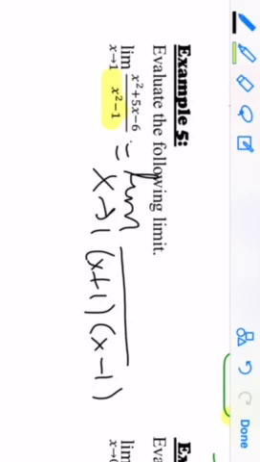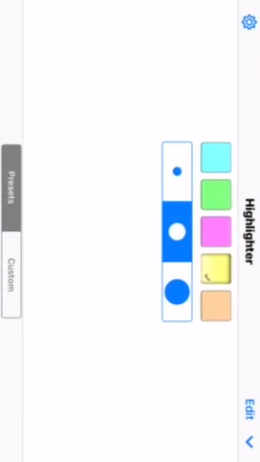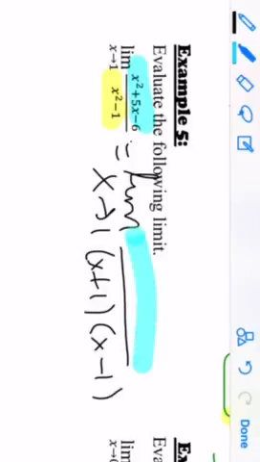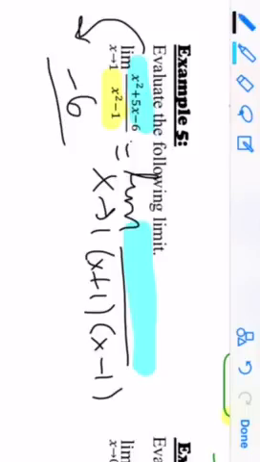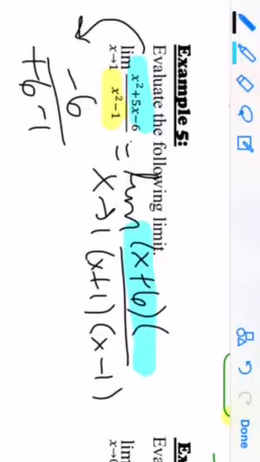Okay, so let's factor the numerator and figure out what that is. Okay, so I want two numbers that times to negative 6 that add to 5. Okay, so 6 and 1 could somehow give me 5. I want a positive 5, so that's going to be negative 1 and positive 6. Okay, so that's going to factor as x plus 6, x minus 1. That's a very basic, quick explanation of how to factor.